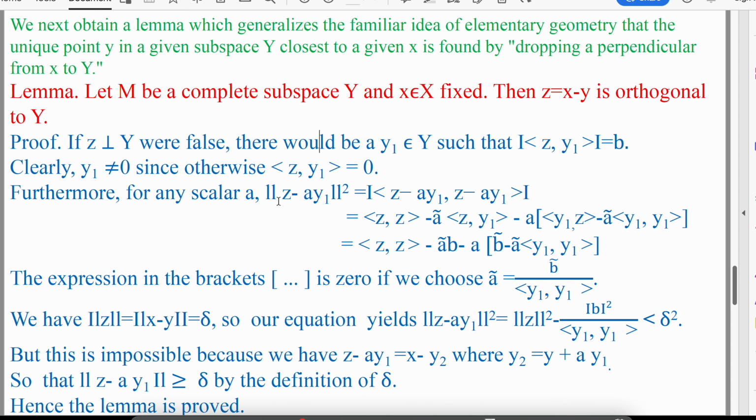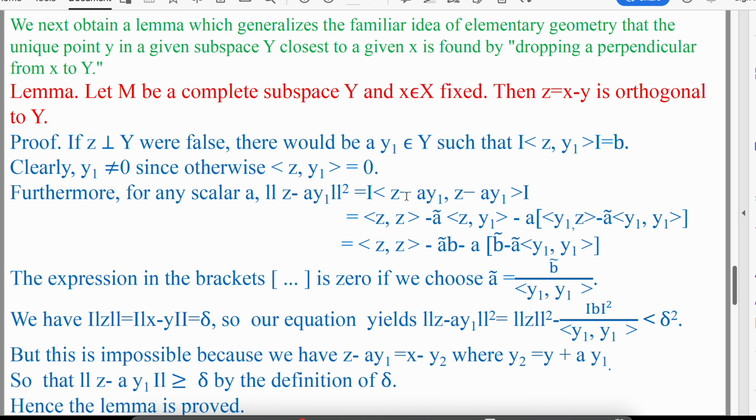because we know that norm x square is equal to inner product of x with x. So norm x is equal to square root of inner product of x with x. Because we have square here, we have not written the square root part here. So norm z minus a y1 whole square is equal to inner product of z minus a y1 with z minus a y1.